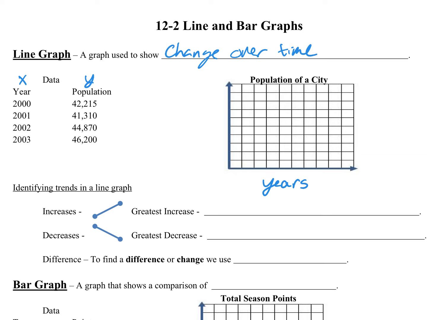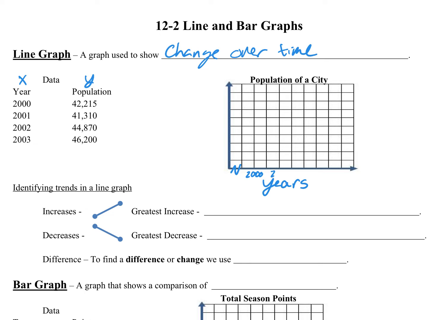Different years. So we can go ahead and label this line graph starting at the year 2000. So we're just going to write a break there indicating that this is starting at the year 2000, and I'm going to kind of skip every other just because it's going to make our life a little bit easier when we're plotting it.